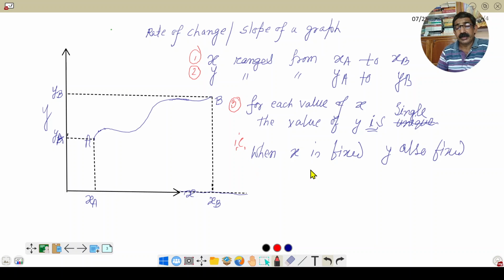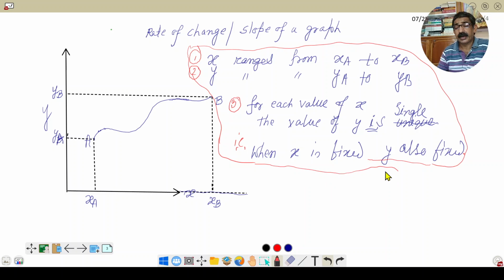That means when x is fixed, y is also fixed. y has no two or three values for one x. y has only one value. So this is the nature of this graph, and this set of information 1, 2, 3 gives the same information as this graph.